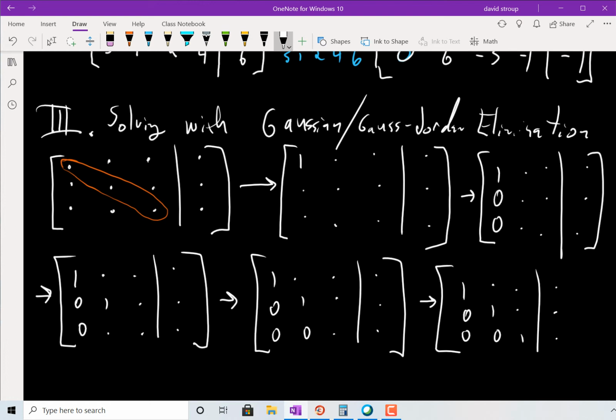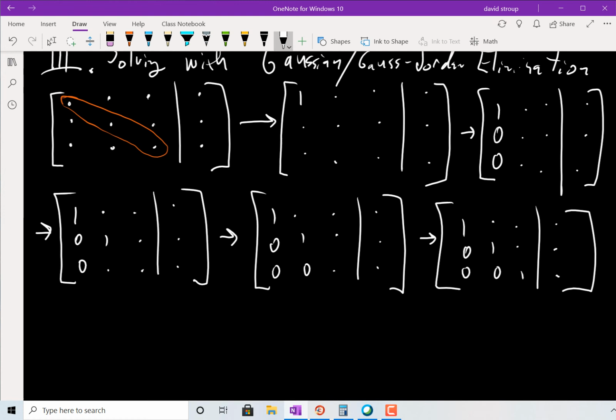Once it's in that form, you can stop. That's called Gaussian elimination. And generally, that's where I stop.